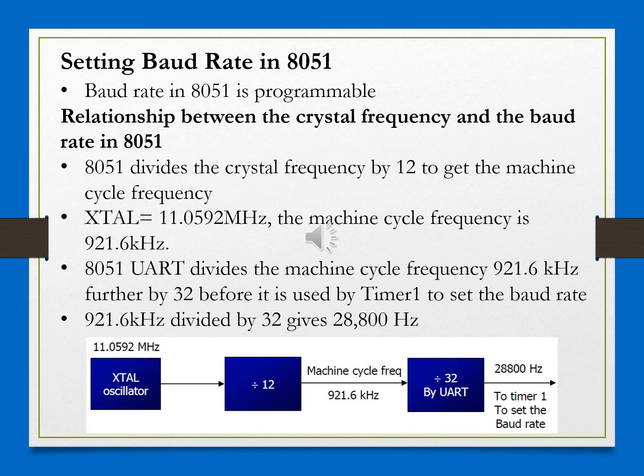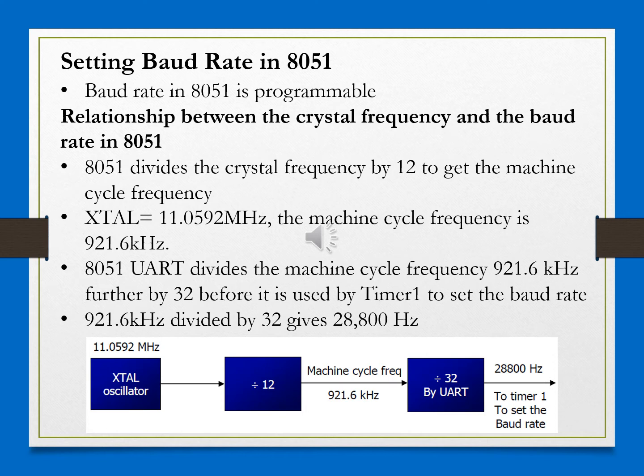Timer 1 operating in mode 2 means it is the 8-bit auto reload method. Recall, in auto reload we load the initial value in the TH1 register of timer 1, so that the same value will be used by the TL1 register.